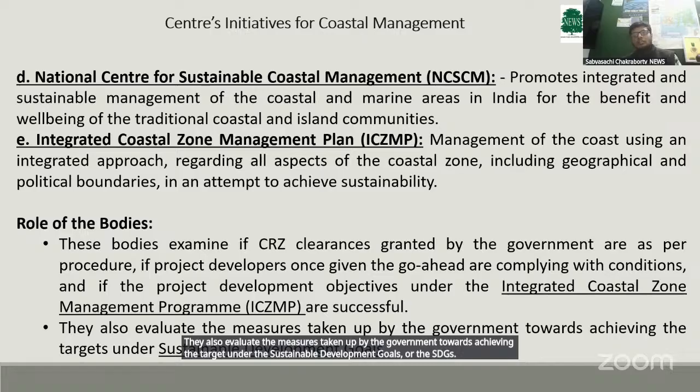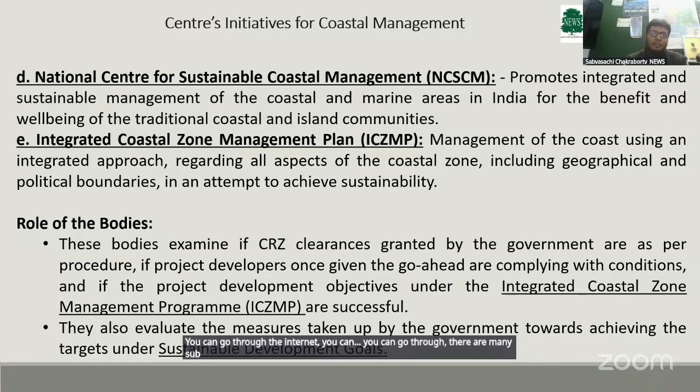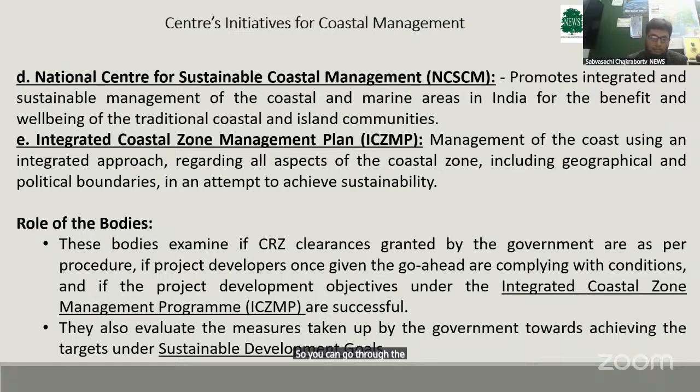Now, it is a very important issue in terms of conservation. Whatever we are doing, it is a global framework, and there are 17 sustainable goals. You can go through the internet. There are many sub goals also, so you can learn about these things.